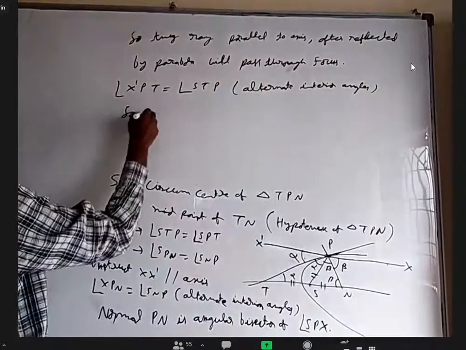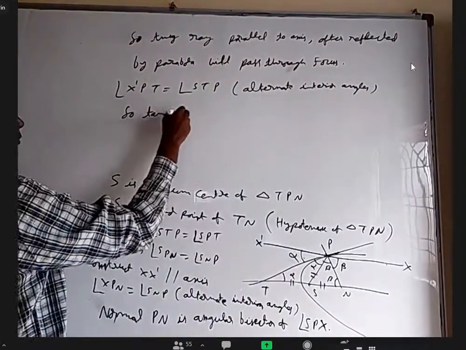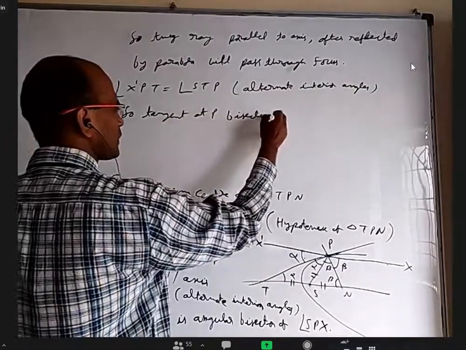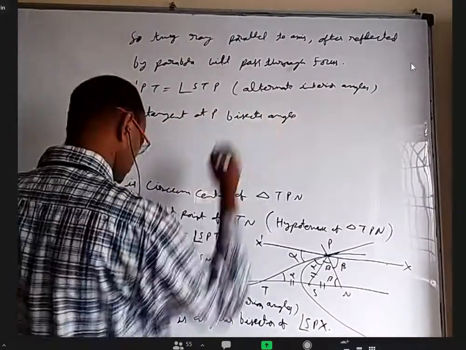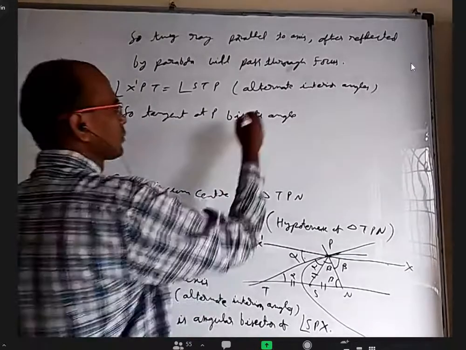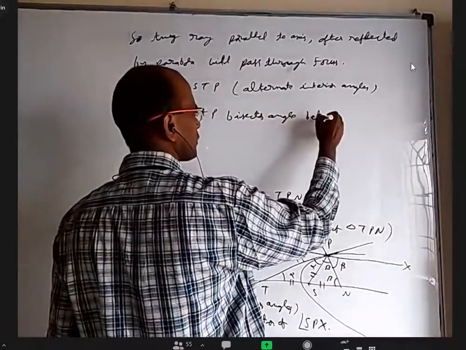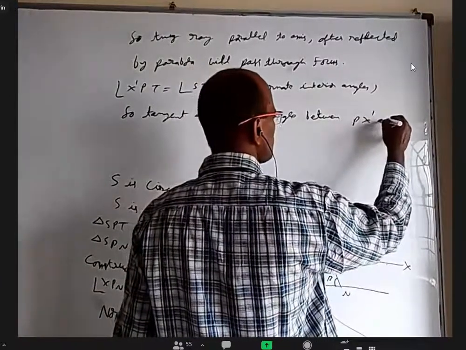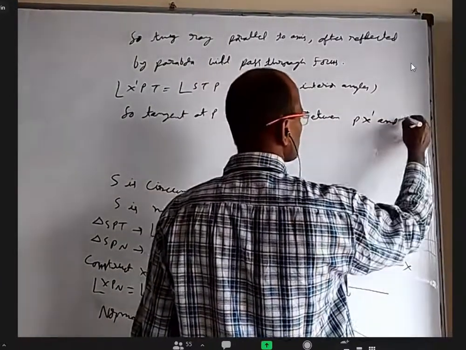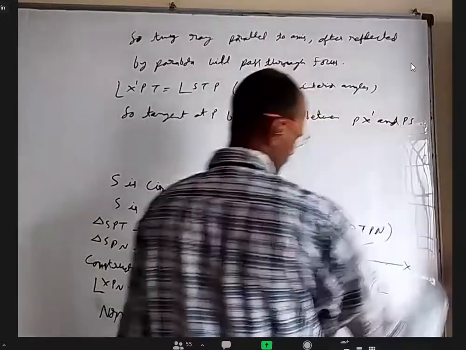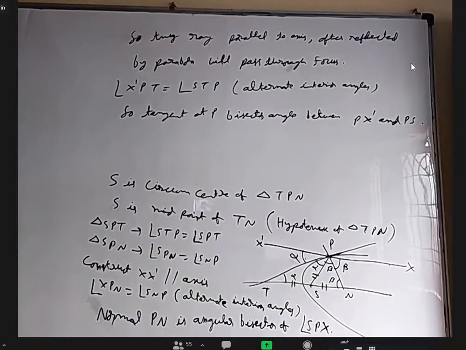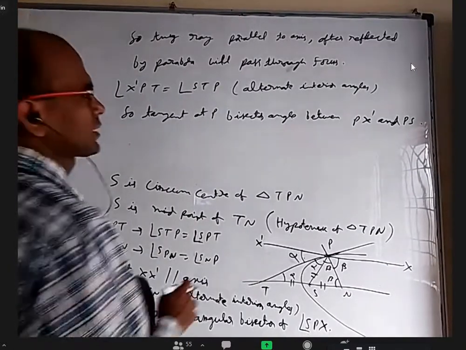So tangent at P bisects angle between PX dash and PS.